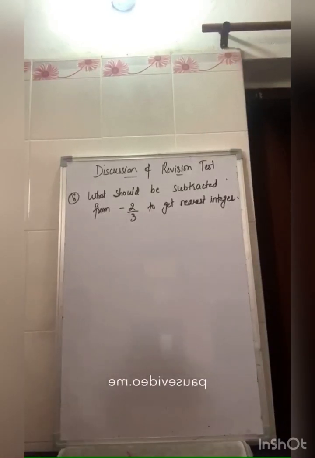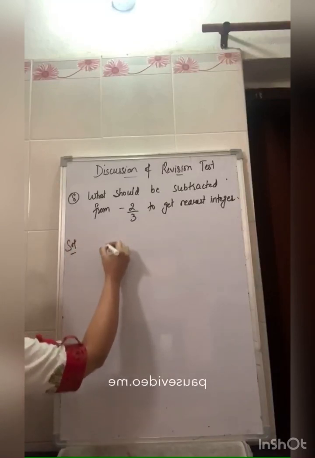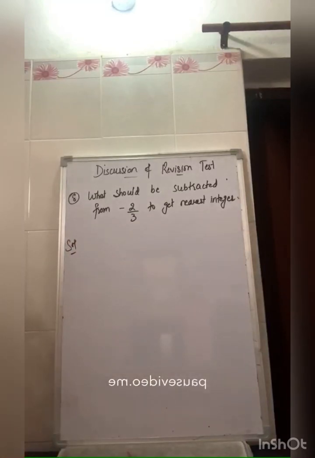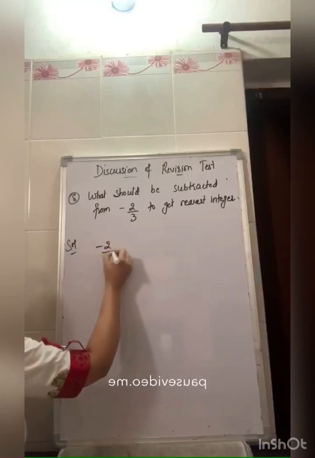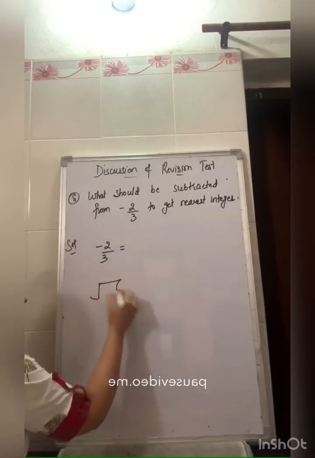Next question number 8. What should be subtracted from -2 by 3 to get the nearest integer? Now, first of all, you have to see that -2 by 3 is equal to what number in decimal? So we will divide it.